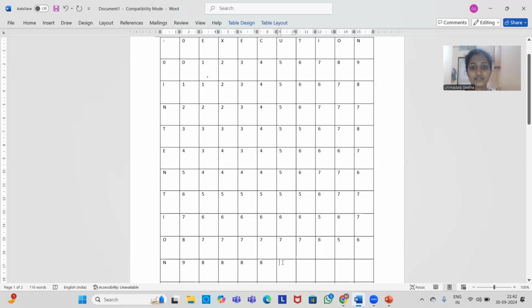Comparison between N and U. N and U are two different letters, so we perform insertion or substitution by comparing 7, 7, and 8. 7 is the smallest number, so we add +1 with that 7. So it will become 8.